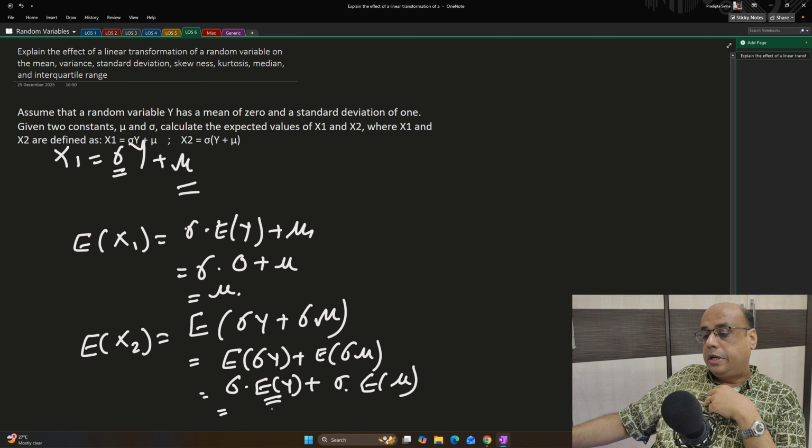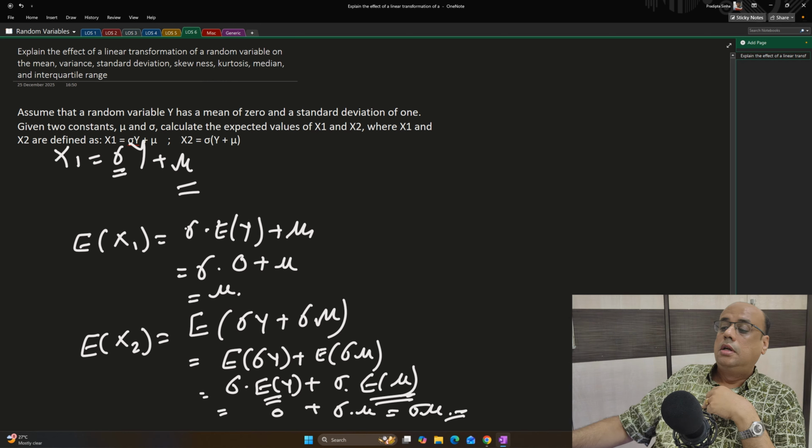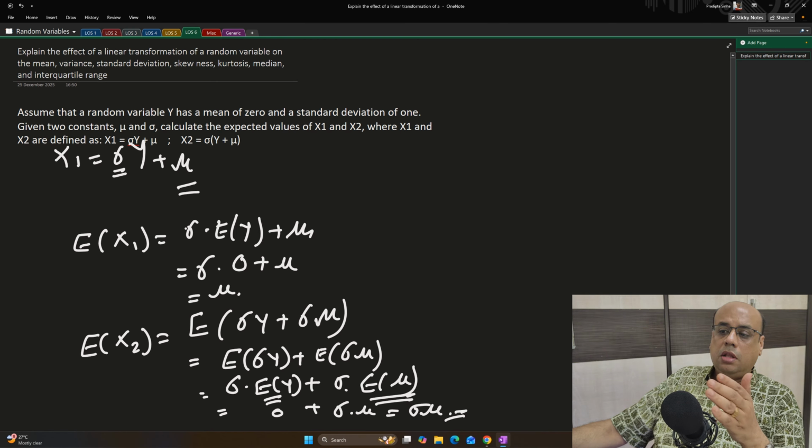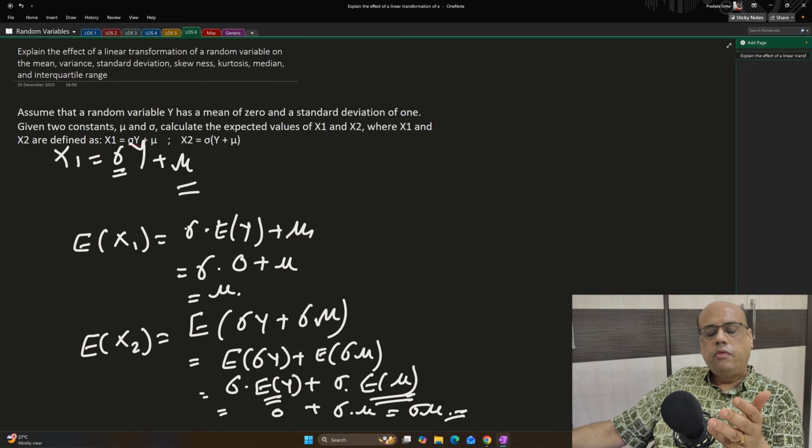Expectation of y is 0, so this is 0, plus sigma into expectation of a constant, which is a constant, equal to mu sigma. This is the answer. These are fairly simple questions, but keep in mind that this kind of question can come, and they will try to confuse us by giving the mean and variance also as constants in the equation. So we just need to be mindful about that.